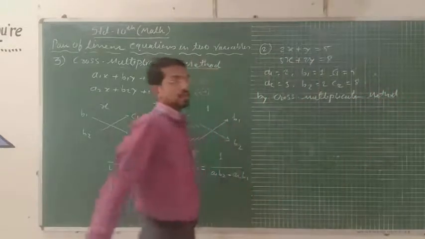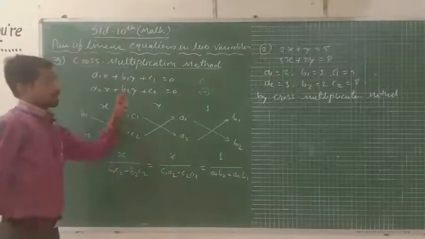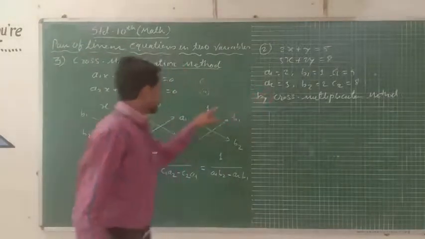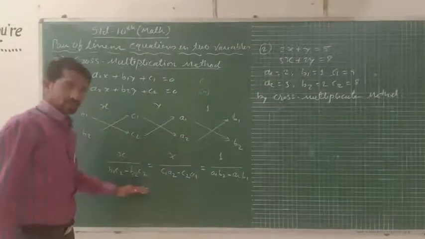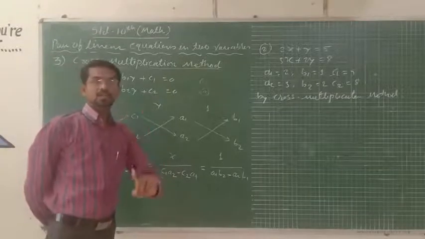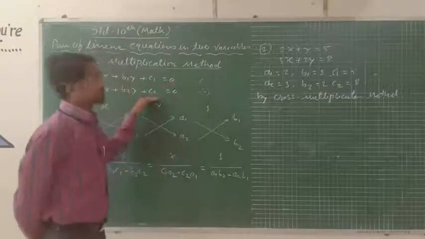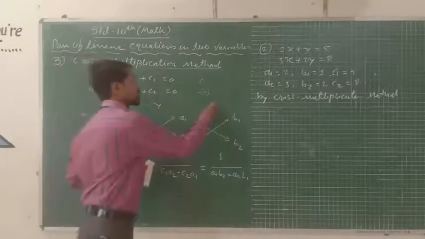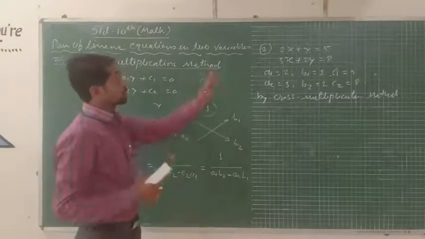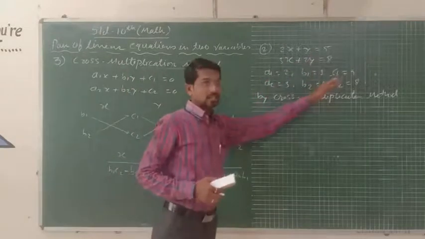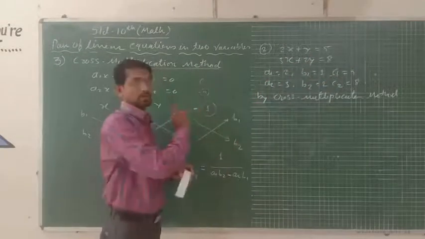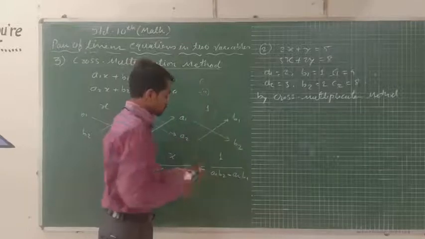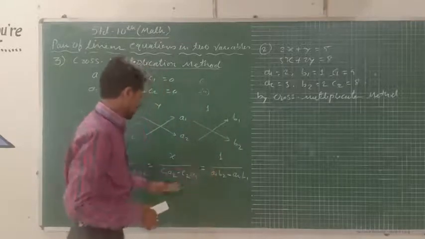See how it is applied here. Either you put all these values here or here. Once again I am repeating that in this example the constants are on the left side, that's why here it is 1. If constants are on the right side, then here -1 is taken. That is the only difference. Same thing here also. Now we apply it here.